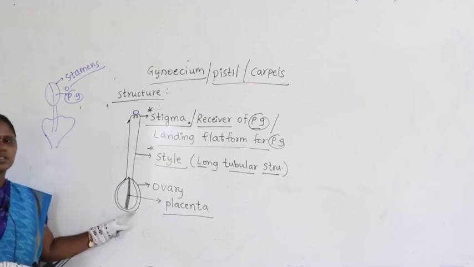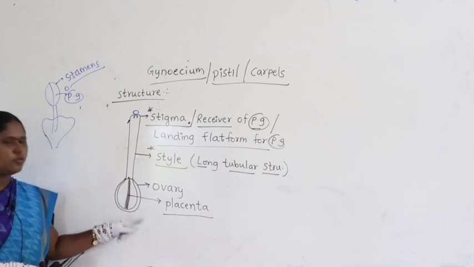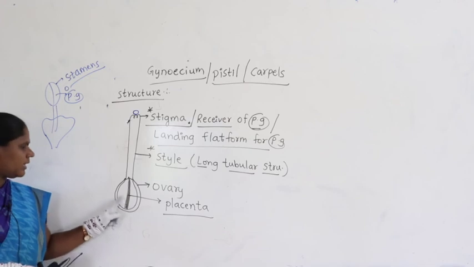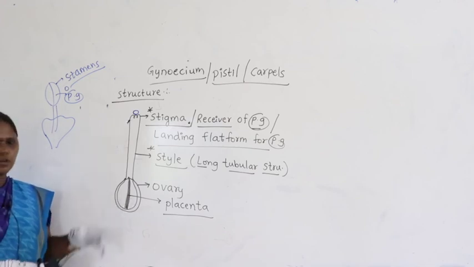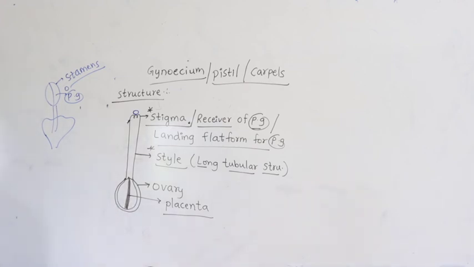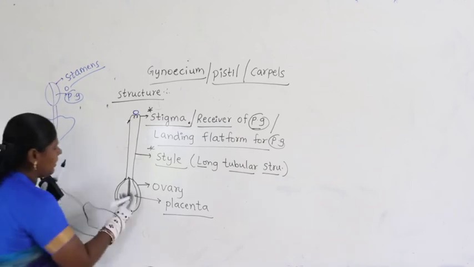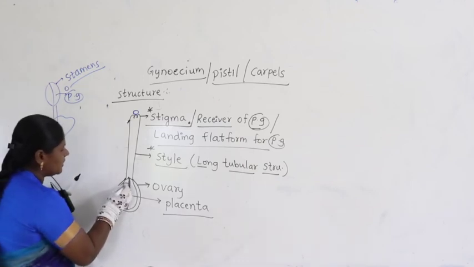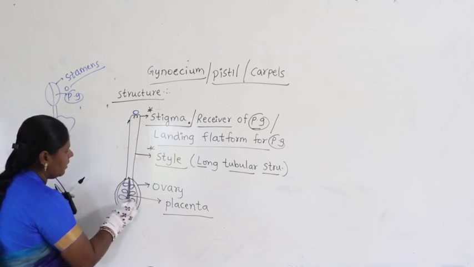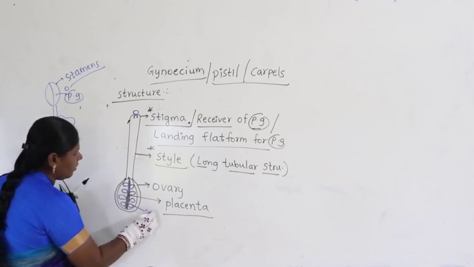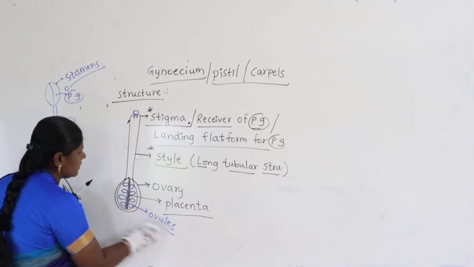This tissue is nutritious and supplies nutrients on either side to the ovules. On either side we find what are called ovules.